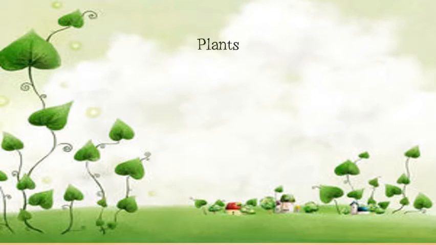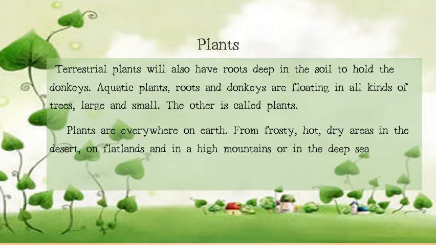Just like in this example, terrestrial plants have roots deep in the soil to hold the stems. We also have plants called aquatic plants, whose roots and stems are floating in the water, like all kinds of trees, large and small.